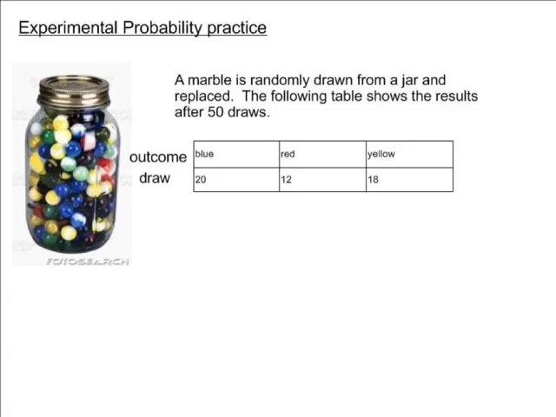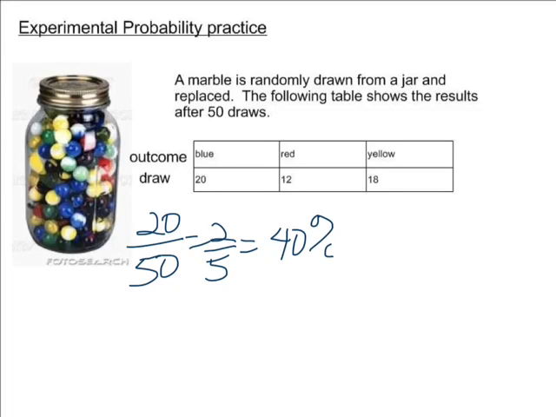So it's a total of 50 times, and we're going to find the specific probability based on this experiment for blue. We'll go ahead and start with the blue. So we had 20 times out of 50. And of course, that's one we just did. That's 2/5, which equals 40%. So it's a 40% probability that it was going to be blue based on that experiment.